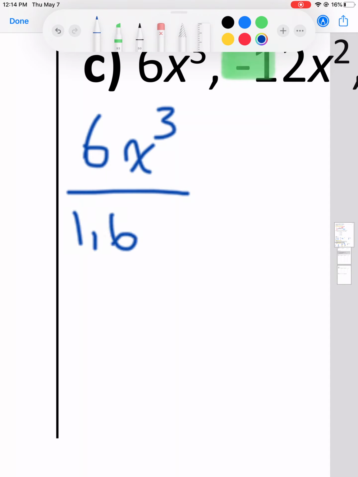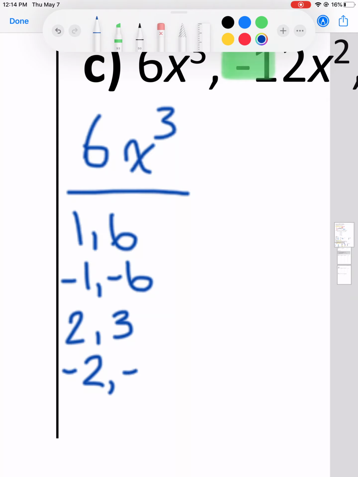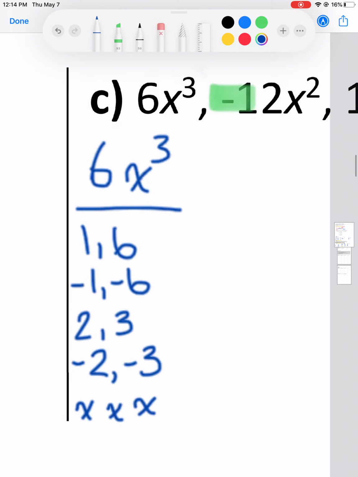I'm not going to go to the fact sheet just because I've done it so many times, but you can if you want. We have -1, -6. We have 2 and 3, -2, -3. And then we have x, x, x. We have 3 x's. If you're not sure where these numbers are coming from, guys, you need to check that factor sheet. This is just basic multiplication.